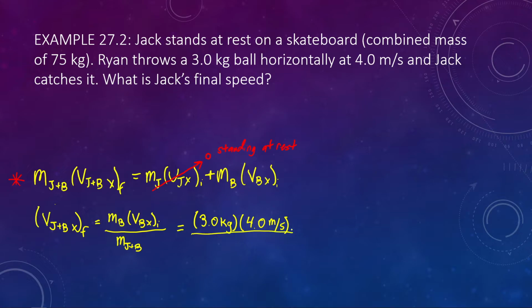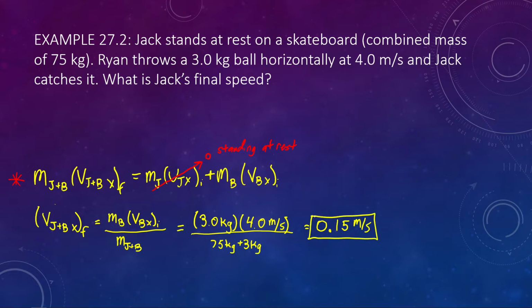And this is all divided by the total mass, Jack plus ball, because he catches the ball and they move together. That's 75 plus 3 to give us 78 kilograms. So this gives us a result of 0.15 meters per second.